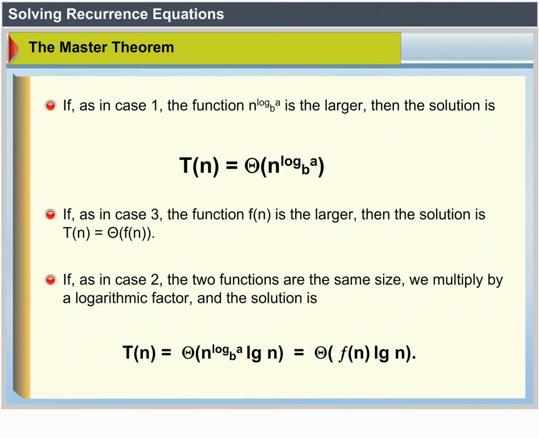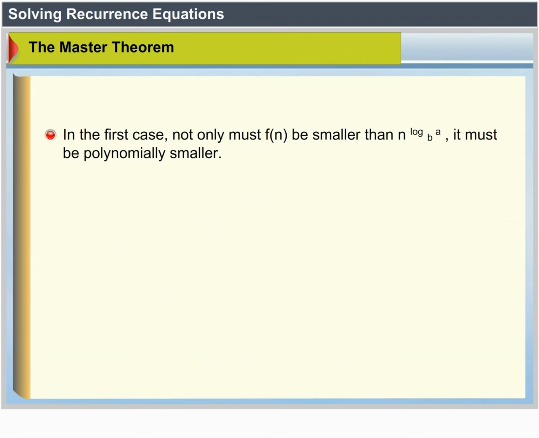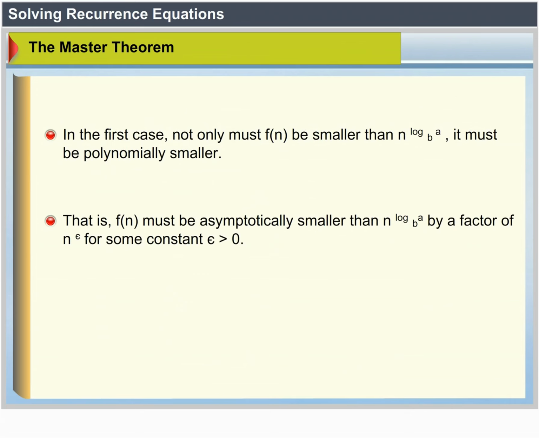In the first case, not only must f(n) be smaller than n^(log_b a), it must be polynomially smaller. That is, f(n) must be asymptotically smaller than n^(log_b a) by a factor of n^epsilon for some constant epsilon greater than 0.